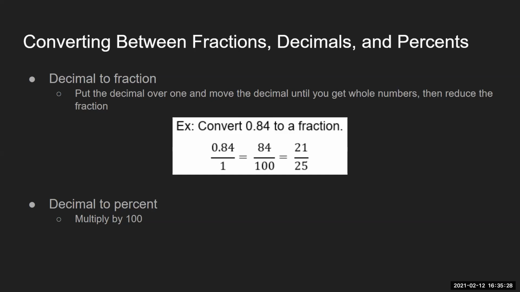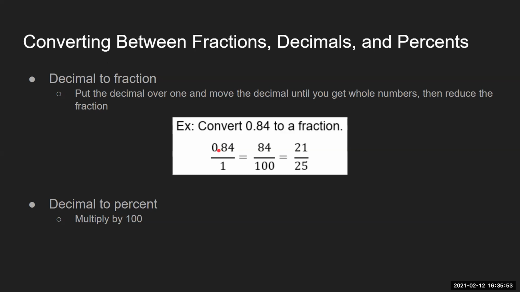A little more complicated if you're going from a decimal to a fraction. What you're going to want to do is put the decimal over 1 in a fraction, then move the decimal over however many places you need to on the top and the bottom to get whole numbers, and then reduce the fraction. So for example, right here, we want to convert 0.84 to a fraction. So we took 0.84 and put it over 1.